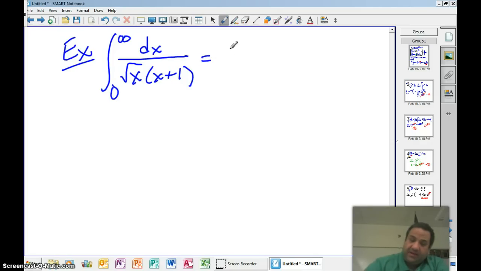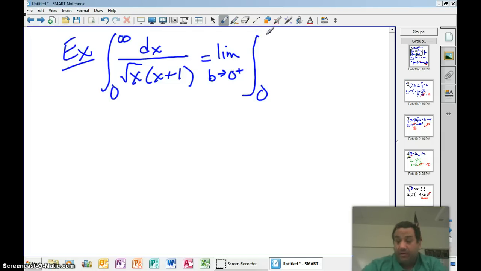So I'm going to break this up and say it's the limit as b goes to 0 from the right, and that's going to be of 0 through, and I'm going to pick a number like 1. Why not? 1 of dx over square root of x plus 1. That can be arbitrary.